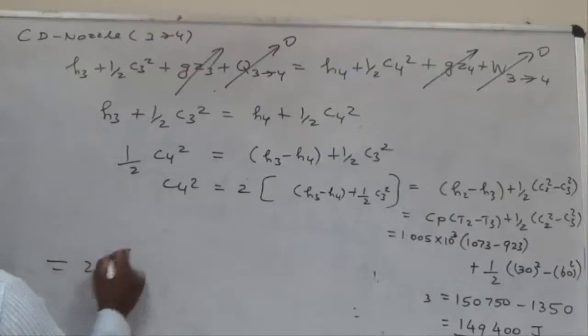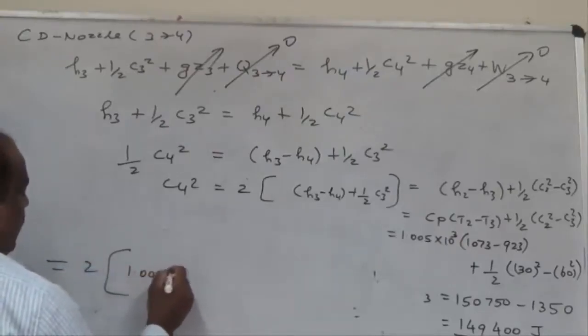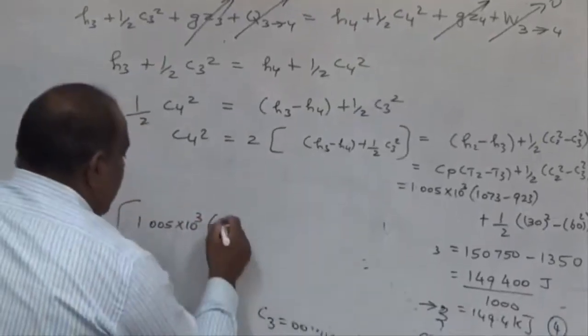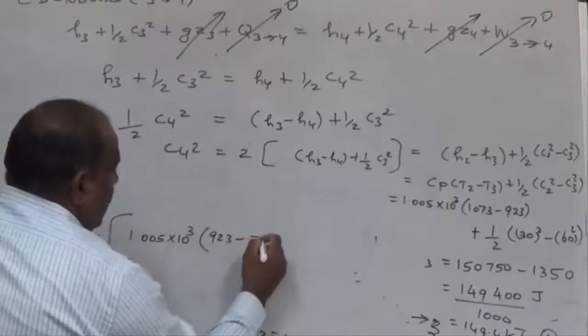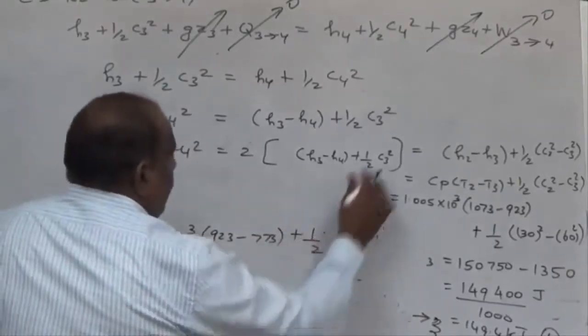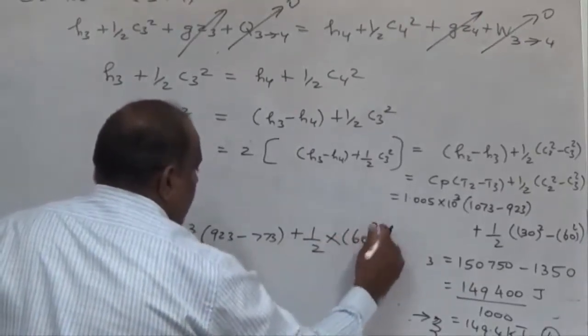So it is 2 into Cp into T3 minus T4. Cp is 1.005 into 10 power 3. T3 is 923. T4 is 773, isn't it? Plus half into C3, which is 60 meters per second, so 60 squared.